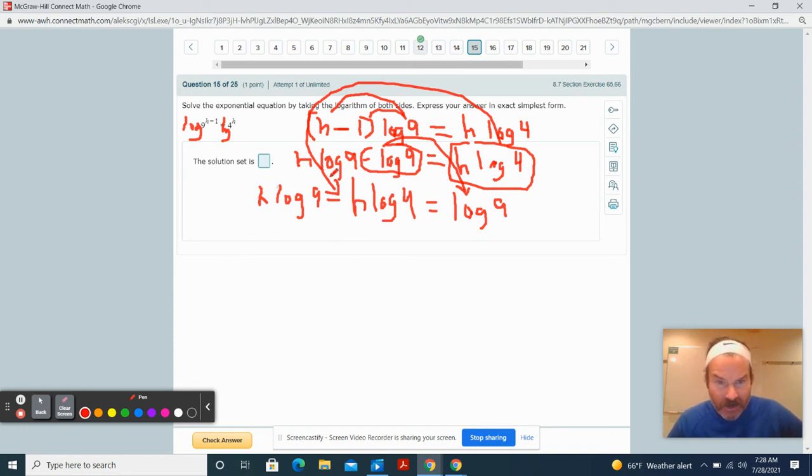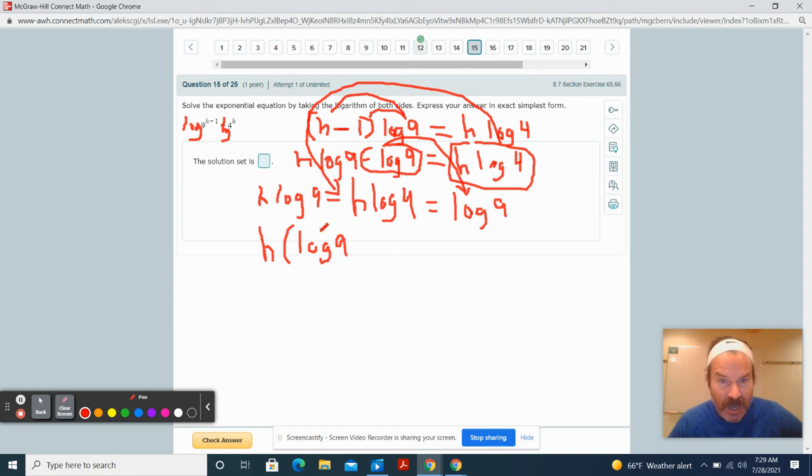Now, if we have two h's and we have to solve for h, and I can't subtract these two, what we do is we factor out the h. The h is common. So remember our factoring skills. Our factoring skills are going to help us.